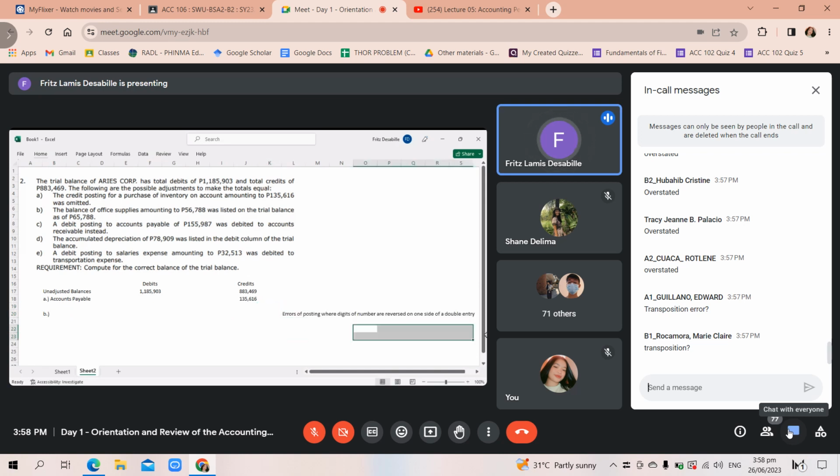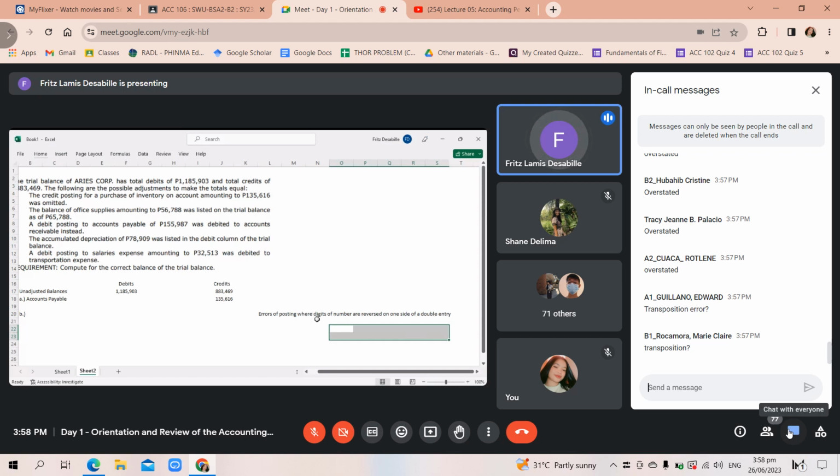Errors of postings where digits of numbers are reversed on one side of a double entry. So ang other term ani guys, ang short version ani is, tama ba ko? Transposition error man ata ni or transplacement. For a while ako sa i-search ha. Transplacement error.